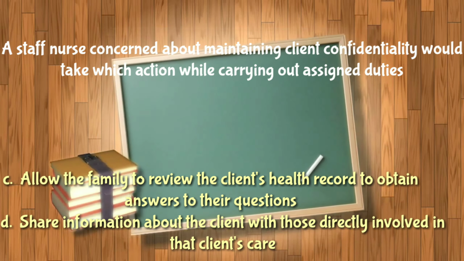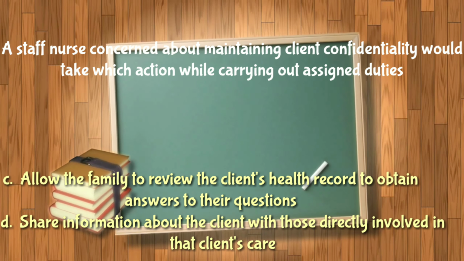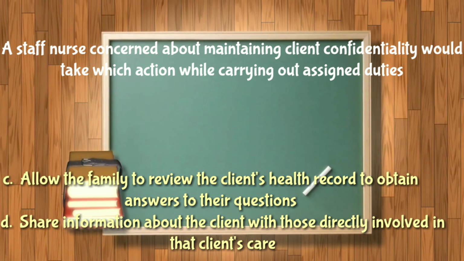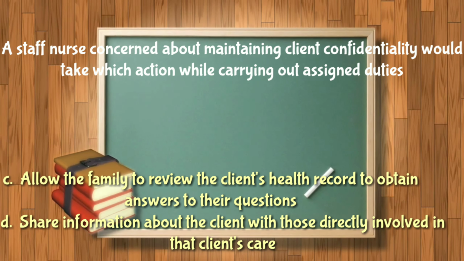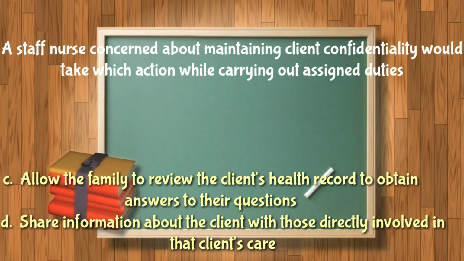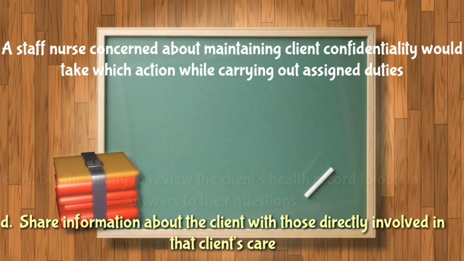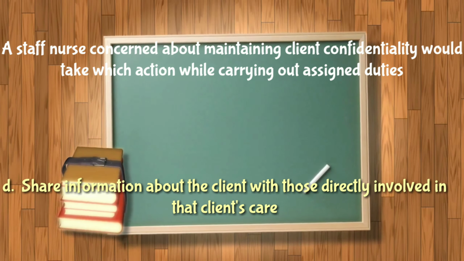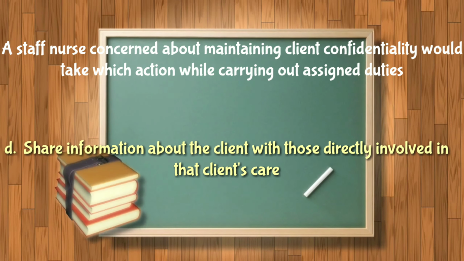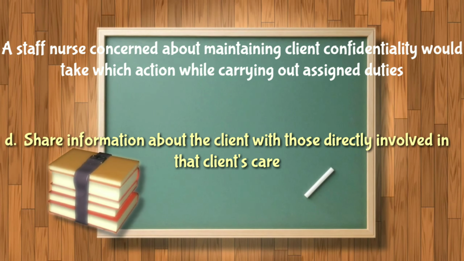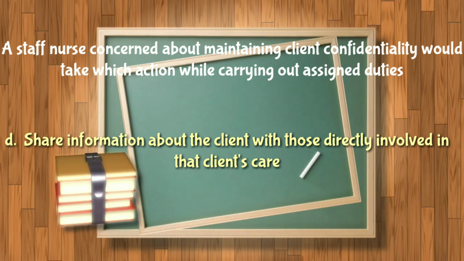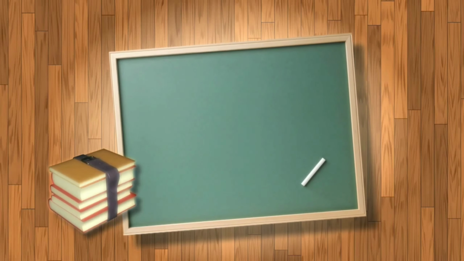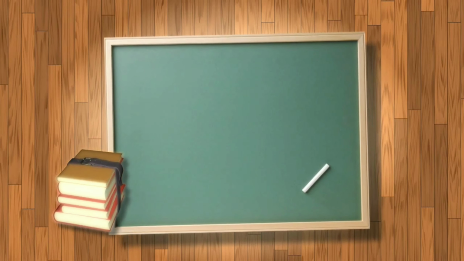And family members would need approval from the client and the healthcare provider prior to reviewing a medical record. So letter C is eliminated. The correct answer is letter D. Client confidentiality is maintained when the nurse shares client information only with those currently involved in the plan of care. Now let's proceed to the last number 10.